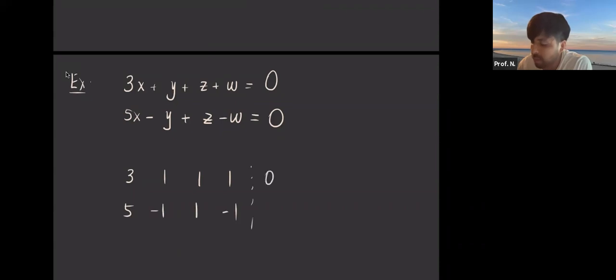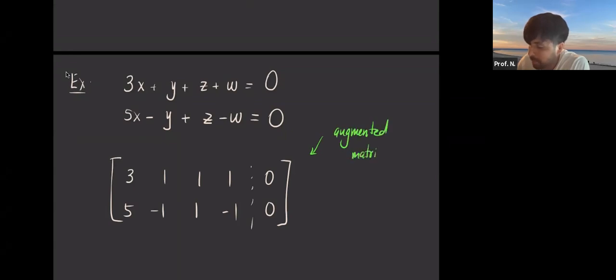So let me say something. If I try to write it in its augmented matrix form, what do you notice if I apply the elimination method to a homogeneous system? That last column will always be zeros. Whatever I do, if I multiply R1 by 5 and add it to R2 or whatever, these will always be zeros plus zeros.